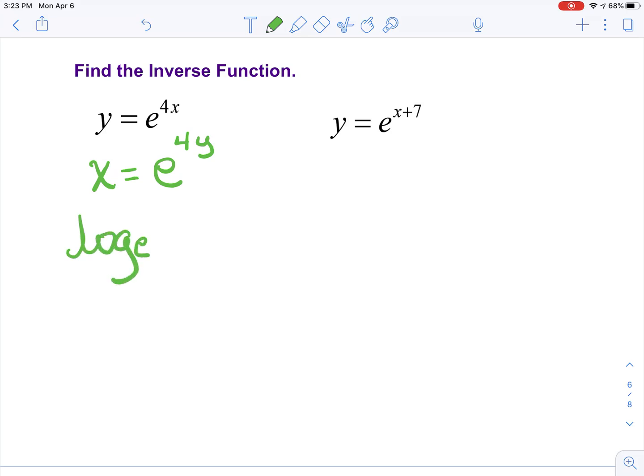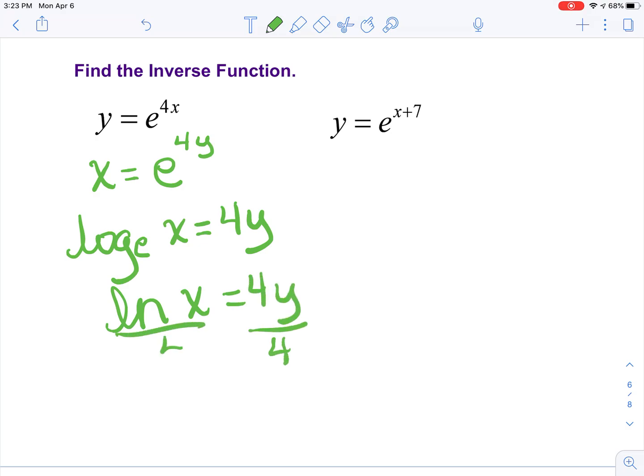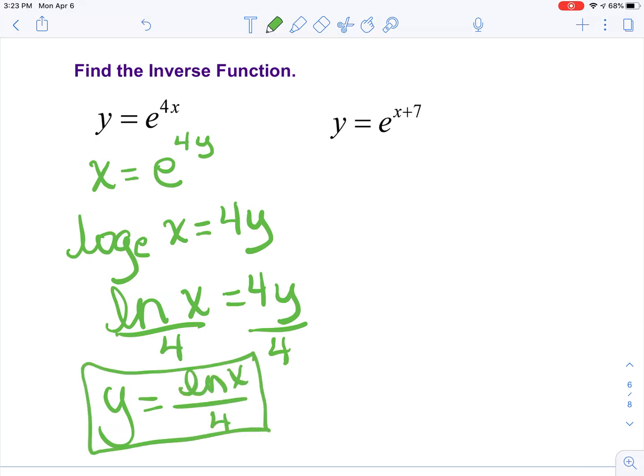It's e of x equals 4y. The natural log of x equals 4y. Divide each side by 4, and y turns out to be the natural log of x all over 4 as your answer.